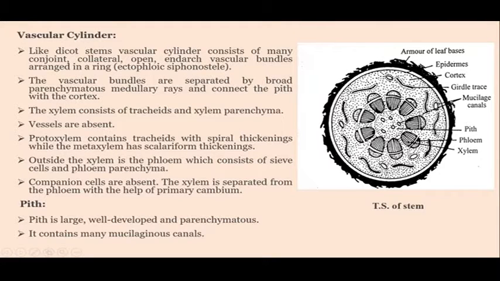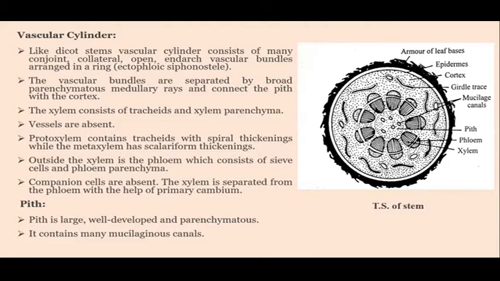Vascular bundles are separated by broad parenchymatous medullary rays which connect the pith with the cortex. Xylem consists of tracheids and xylem parenchyma. Vessels are absent.